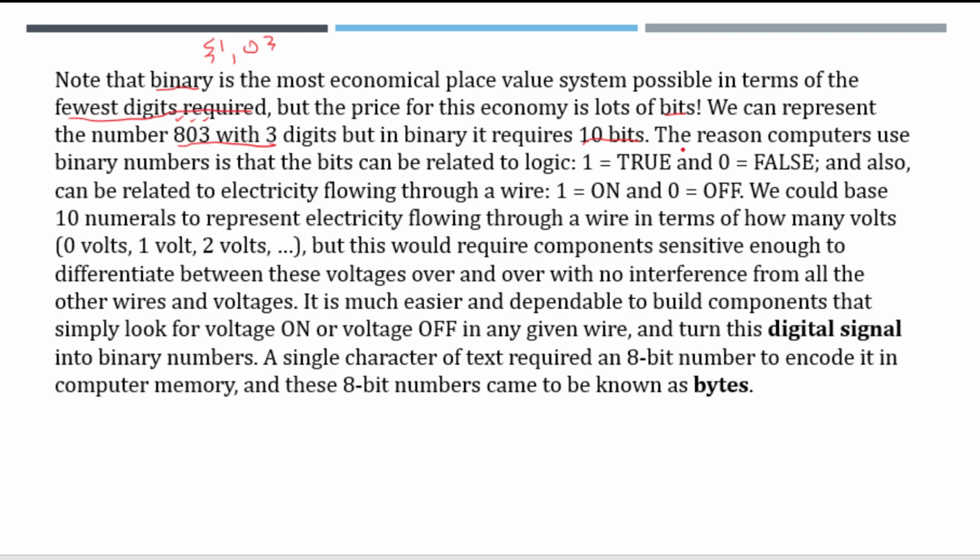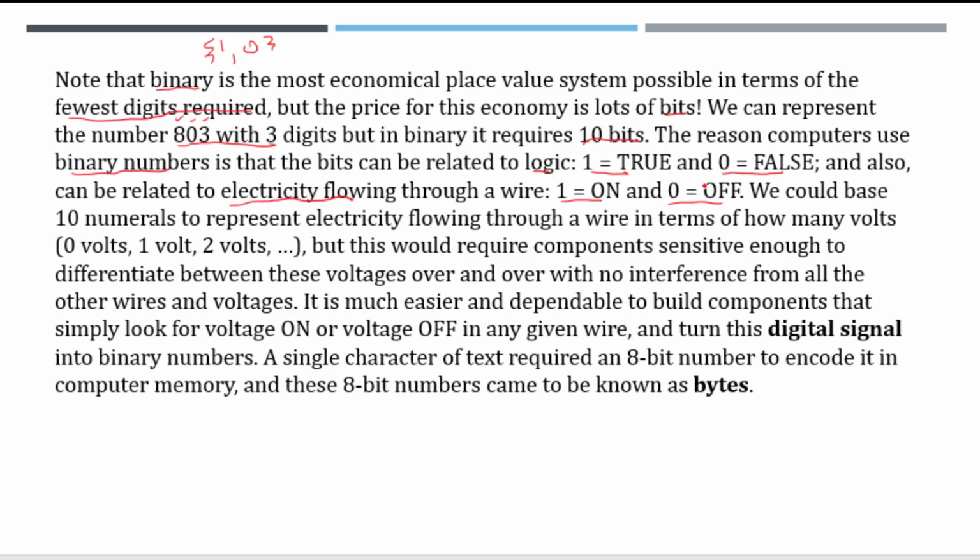The reason computers use binary numbers is that it's related to logic. 1 is true, 0 is false, and they can build a huge system with this sort of idea. And also, it's related to electricity flowing through a wire. 1 means the wire is hot or on, and 0 means the wire is off. So if there's electricity in it, it's on.